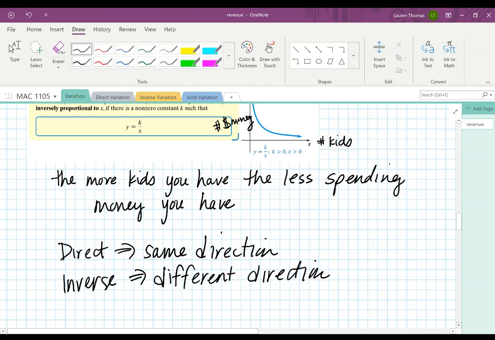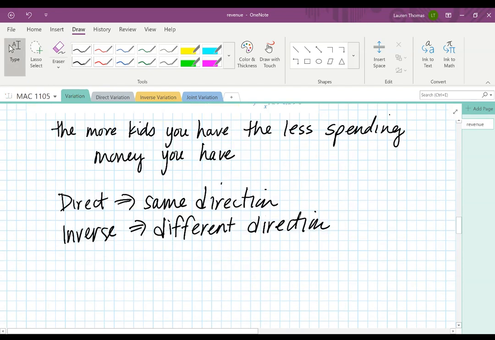Now for the last one, we had direct, inverse, and we also have joint variation. Joint just means that you have more than one variable acting together in your problem.